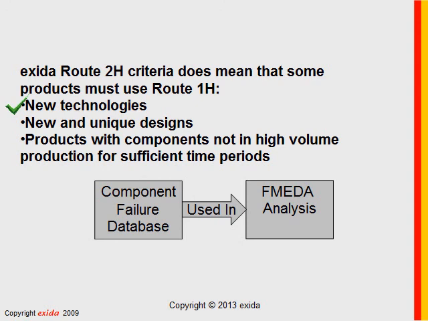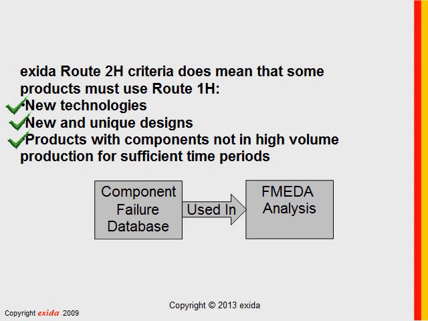I can think of dual-core microprocessors and sub-micron designs of these latest new technologies. 2H cannot really apply to new and unique designs because they're using new components. And there are many products with components that are just not in high volume production for a sufficient time period. So it's absolutely true that Route 1H will be used on many devices.